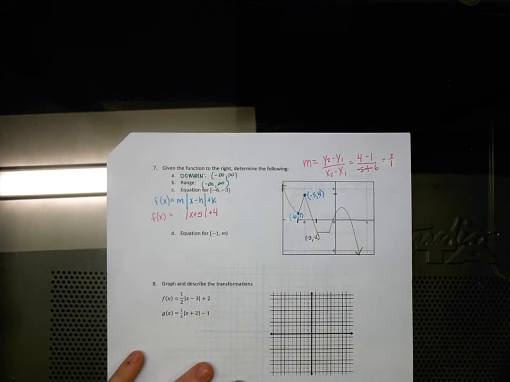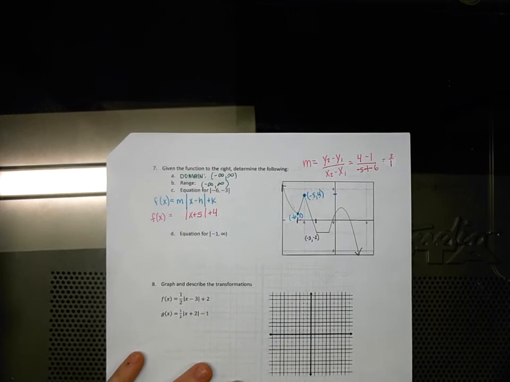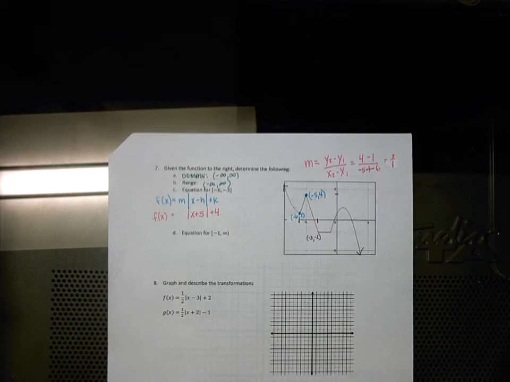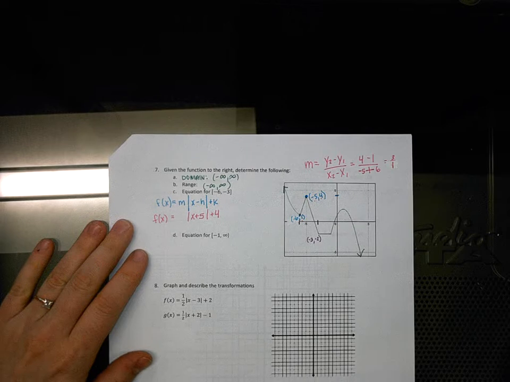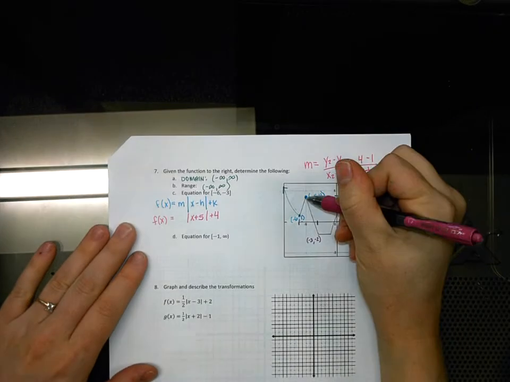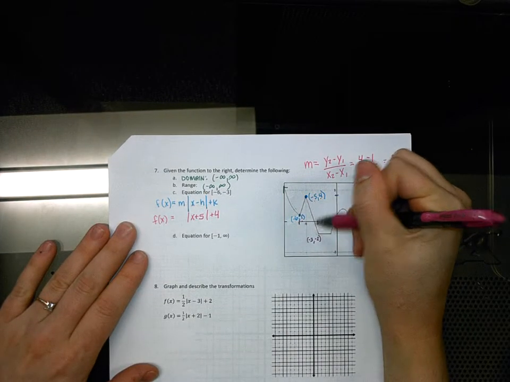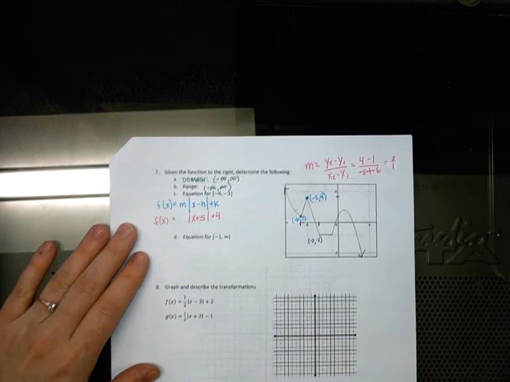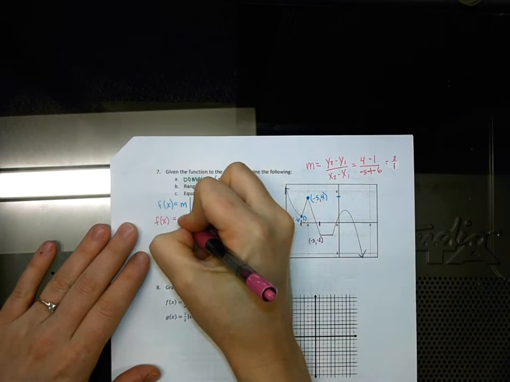Sorry, I was not looking at the negative 5. Negative 5 plus 6 is 1, so I get positive 1. So my slope is 3, but we know that this absolute value is opening down. So I need to remember that that should be a negative slope. So this is a negative 3.